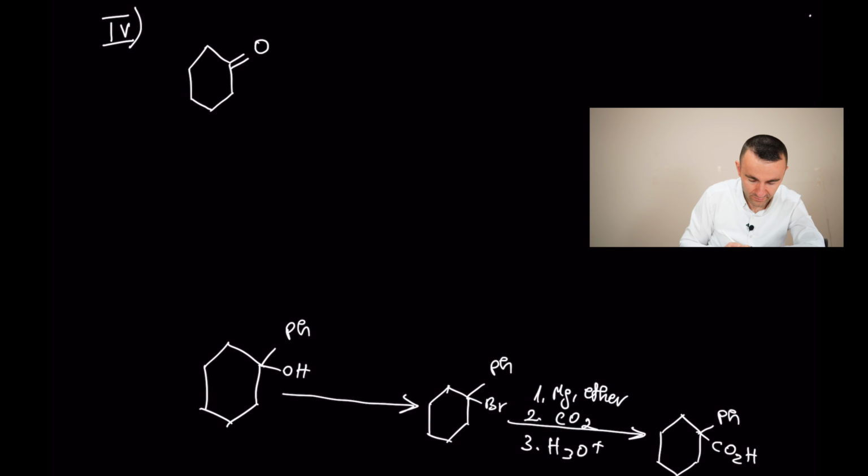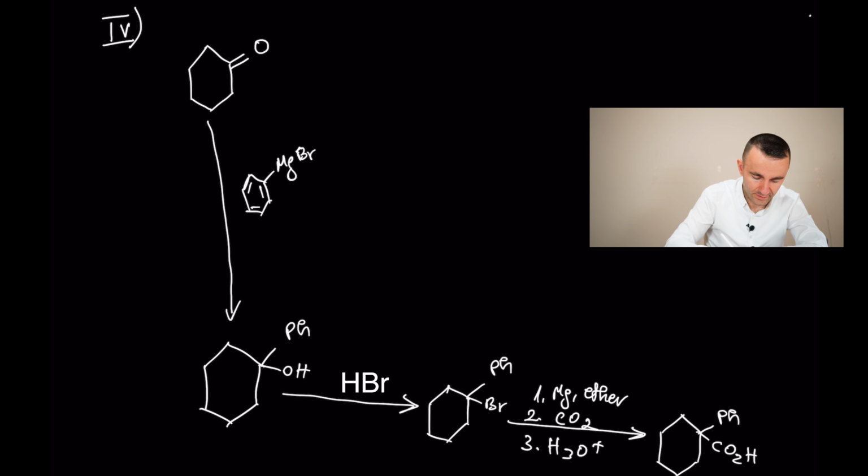And now from this ketone to go here, what we need to do? To add this reagent, the phenyl group, that is with magnesium, bromine in ether, the first and the second is hydrolysis. And that's it. Done.